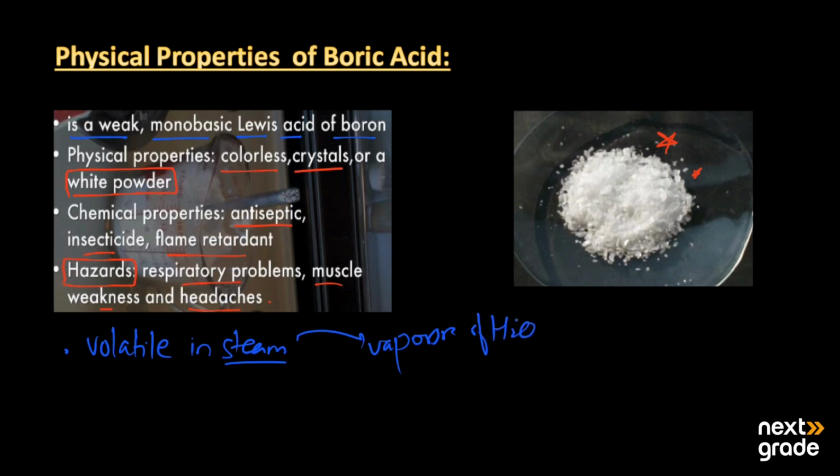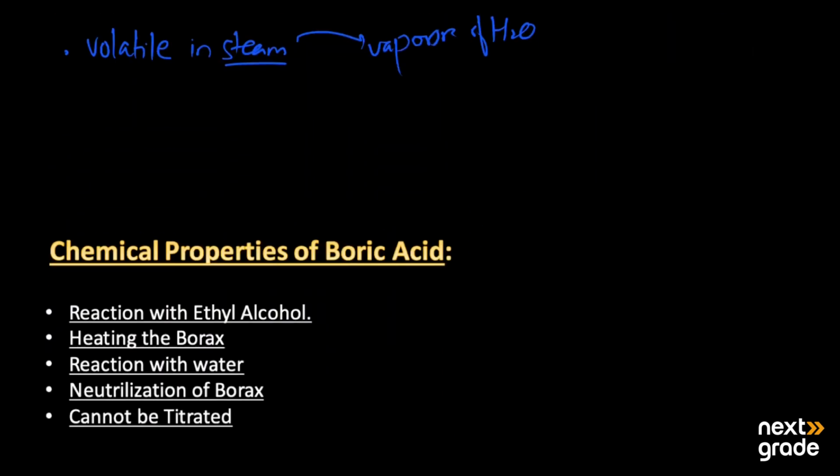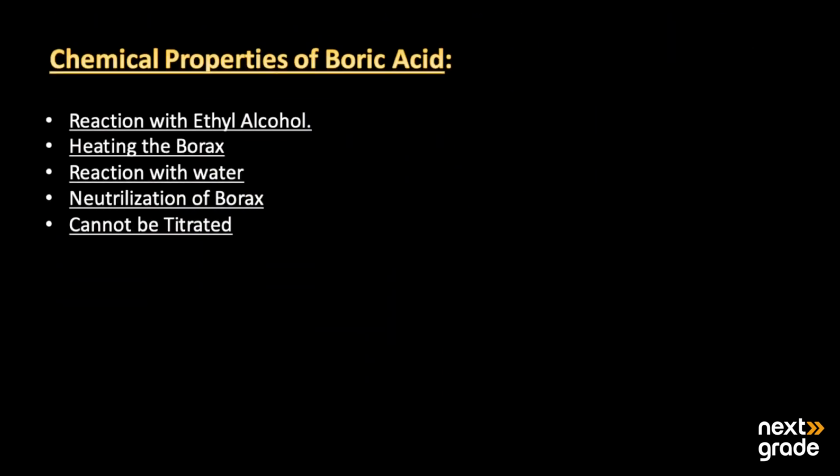Then we have some chemical properties, that is, how it can react. The first chemical property is the reaction with ethyl alcohol. For example, here we have boric acid, H3BO3. When we add ethyl alcohol, whose formula is C2H5OH, and it reacts, it forms a compound.